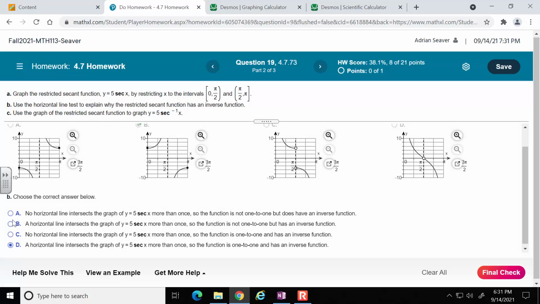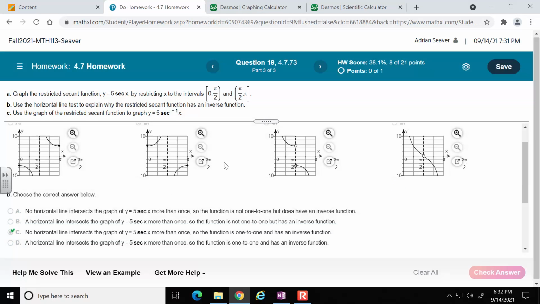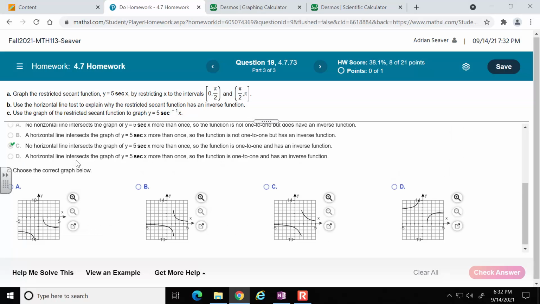Oh, it does not, I'm sorry. No horizontal line intersects the graph more than once. The function has an inverse function. Whew.